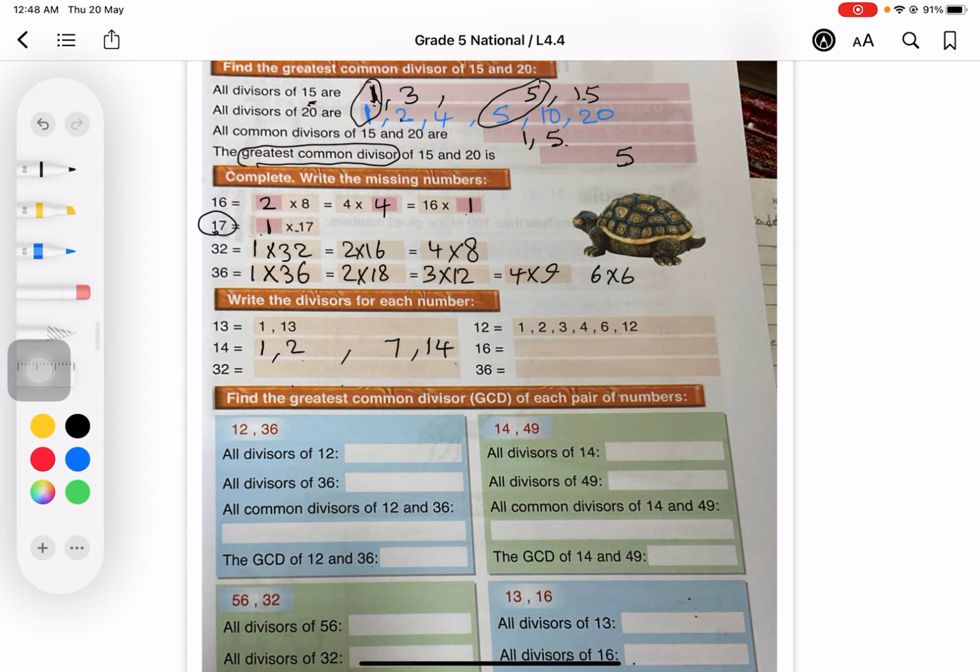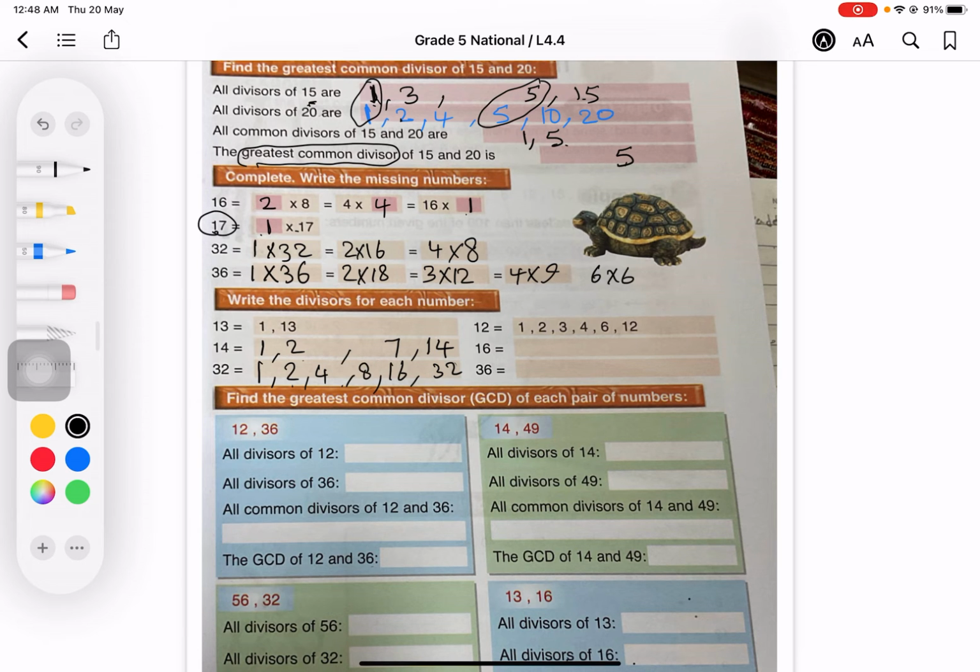I thought this is 36, no. 1 with 32, 2 with 16, 4 with 8. These are all the divisors of 32.